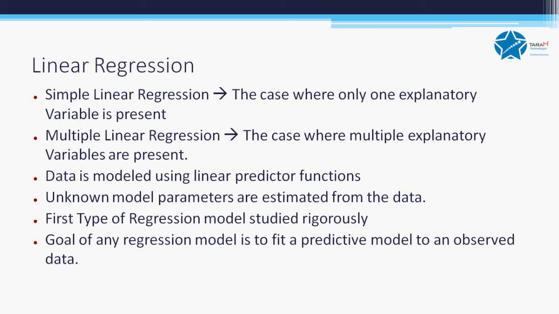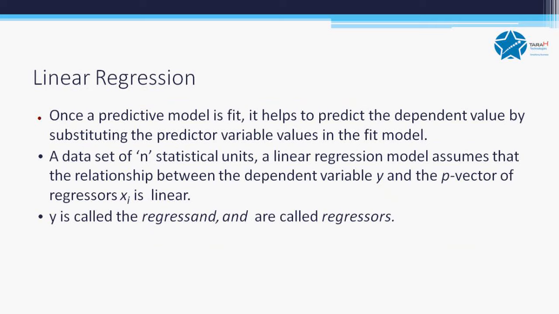So as you have already seen, we assume a relationship between the output dependent variable and the independent, or input, variables. It could be any number of them, and they are called regressors, whereas y is called the regressand.